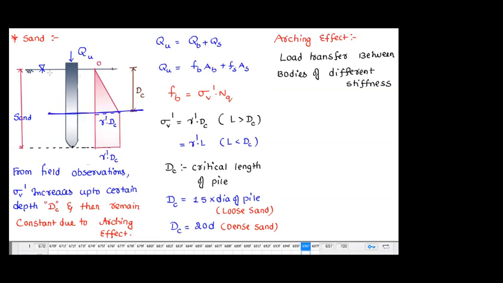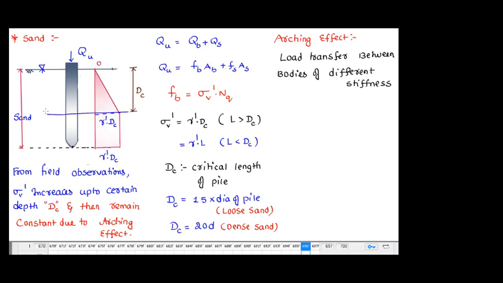Listen to me carefully. Up to this DC, the pile has more stiffness than the soil, so the load is going to be transferred from the pile to the soil, and then the vertical stress is going to increase.